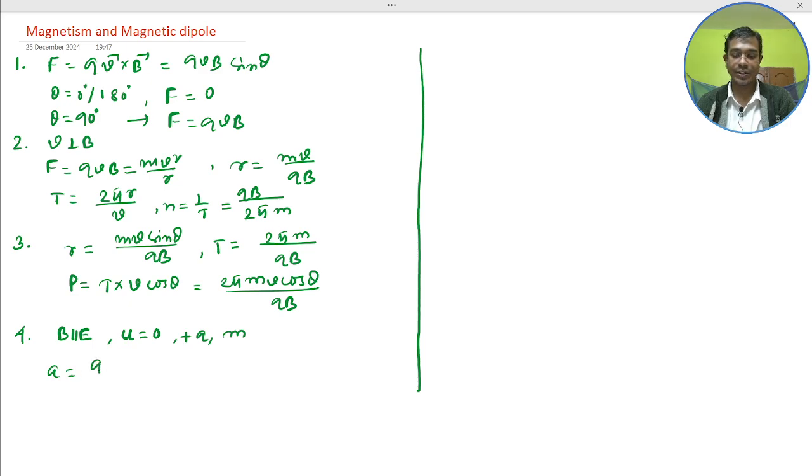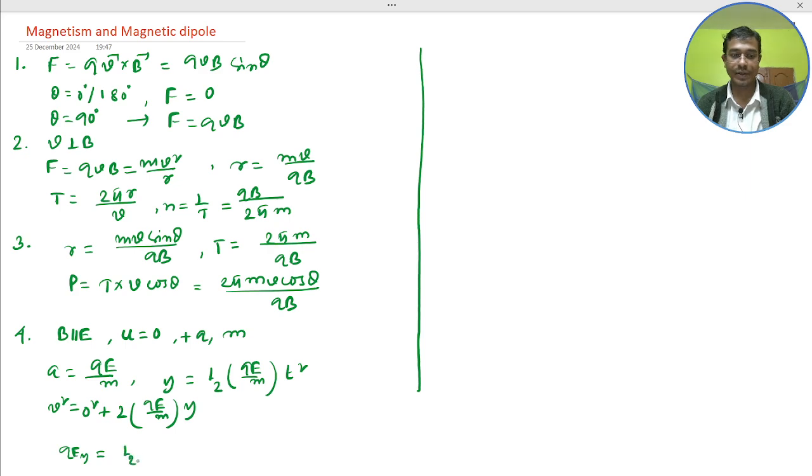Here acceleration is qE by m, and the equation of motion y equals half at square, qE by m into t square. Another one is v square equal to u square plus 2as, u means 0, plus 2 into qE by m into y. So qEy is equal to half mv square.